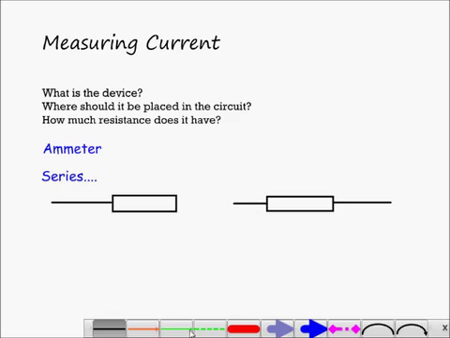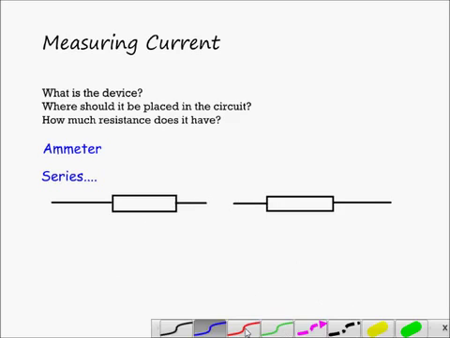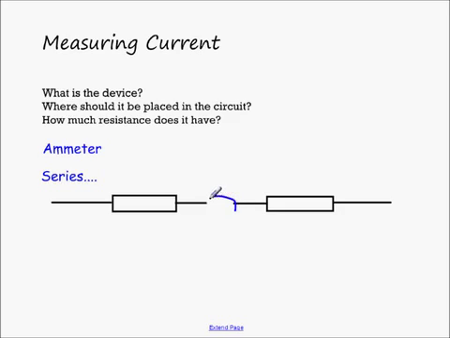I'm just going to shorten that wire, imagine that I've deleted a bit of that circuit and left a hole there. So I've broken the circuit and I then put in my ammeter. That's a nice round circle and there's my ammeter. Because I've put it into the circuit, it must have 0 ohm resistance, because if it did have resistance, then it would affect what's happening in the circuit.